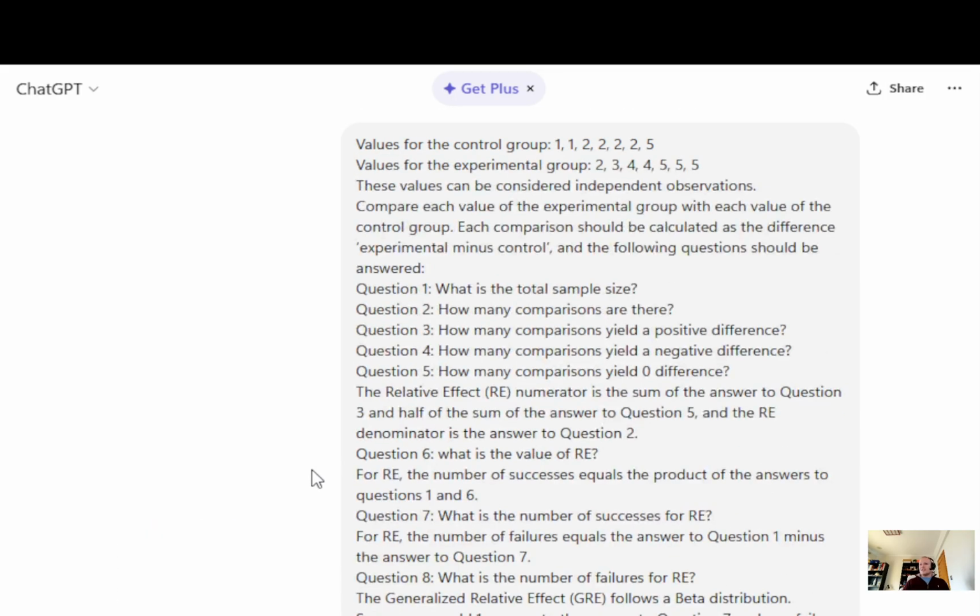Now note that in this entire prompt I have provided exactly zero formulas, zero calculations. All I have done is provide descriptions of how you can get these statistics.